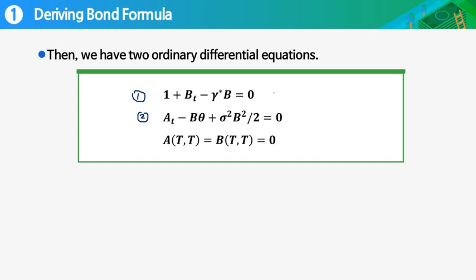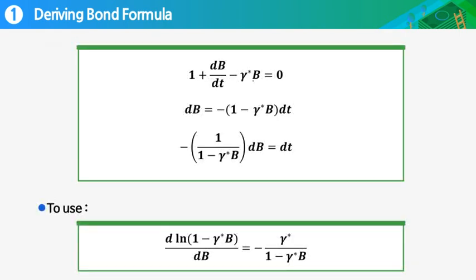Well, let's write this. B_t is basically shorthand notation of dB/dt, right? So we put this one over here, and we shorten the rule right here.